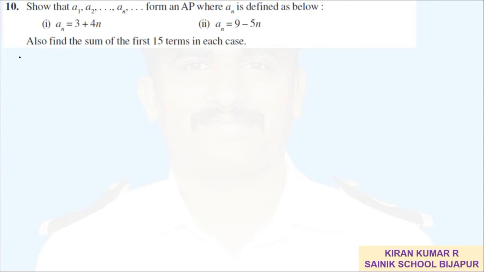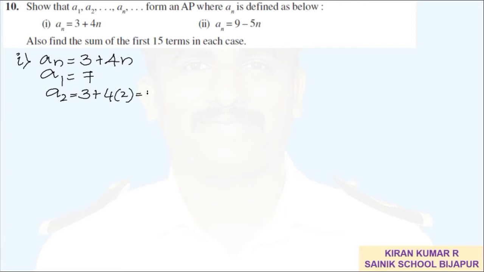For that, let me consider the first one, an equal to 3 plus 4n. Let me find out the first term, a1, which will be 7. The second term, a2, will be 3 plus 4 times 2. It will be 11.